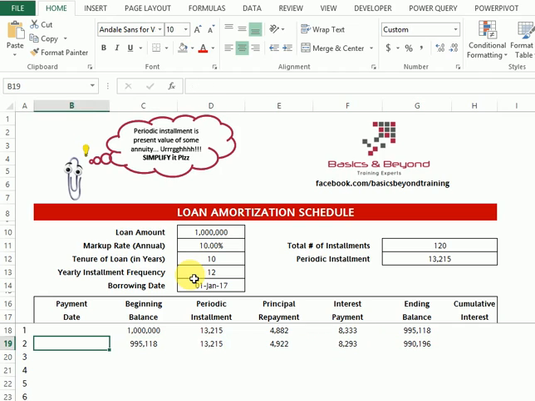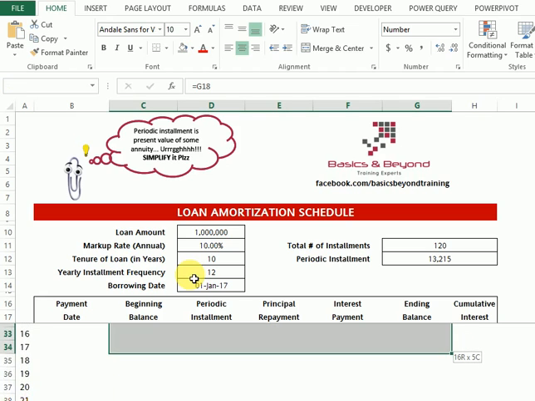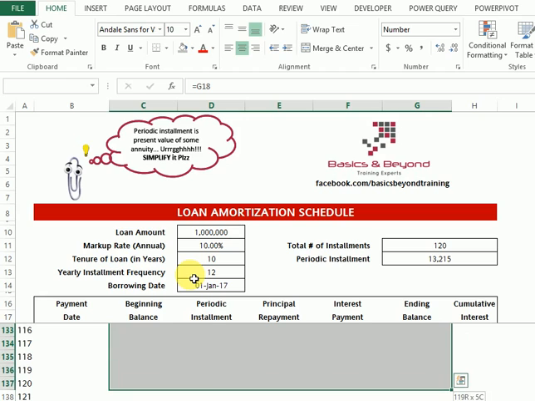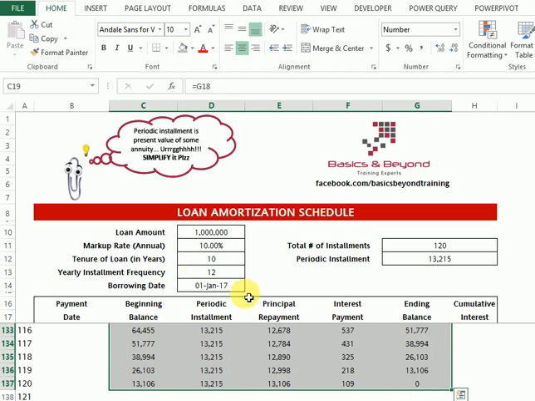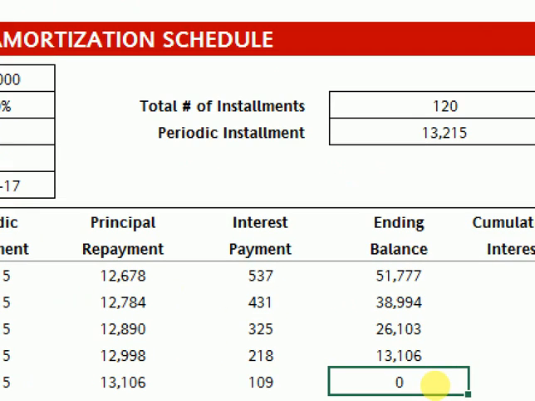Now just copy these till the 120th number. Now see, at the last, the 120th installment, the ending balance will be 0. That means the whole loan is repaid.